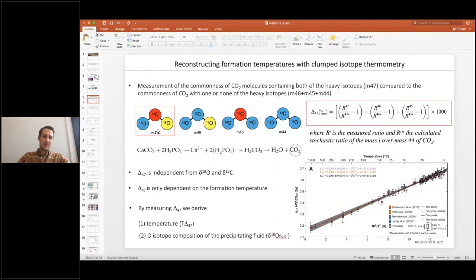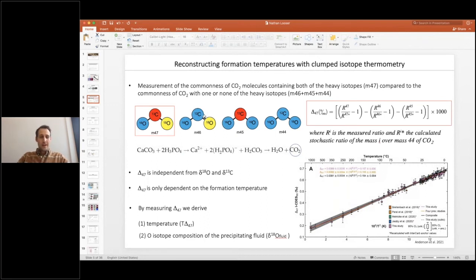Here you can see that's the so-called isotopologue that contains both 18O and 13C in the same molecule, while the others, masses 46, 45, and 44, contain either none or only one of the two isotopes. So there is a tendency that 13C and 18O like to bond together instead of bonding with a light isotope. And this effect is larger the cooler the precipitation temperature is.